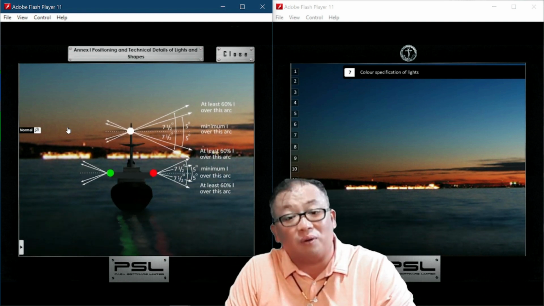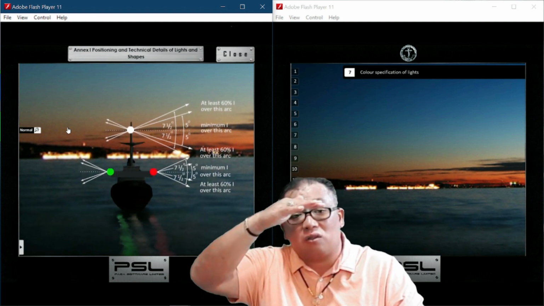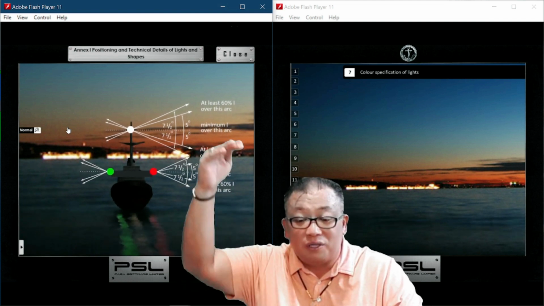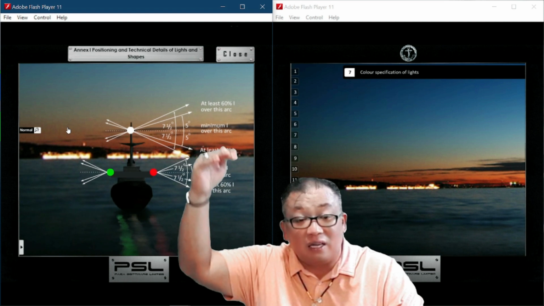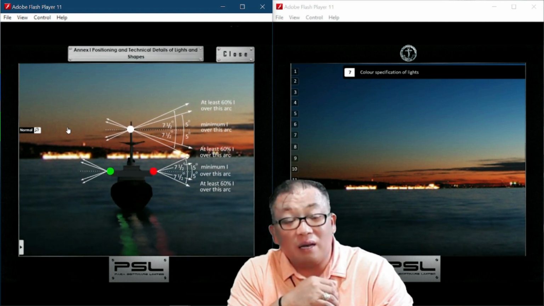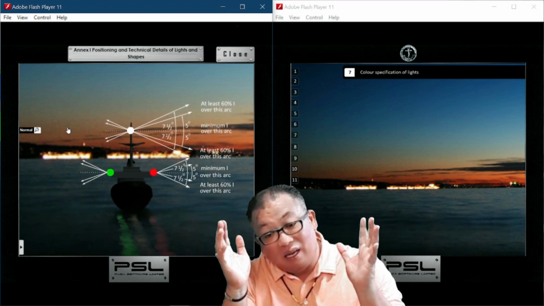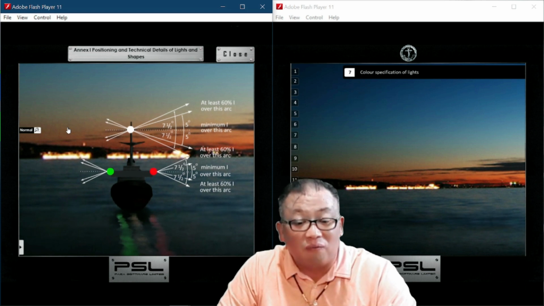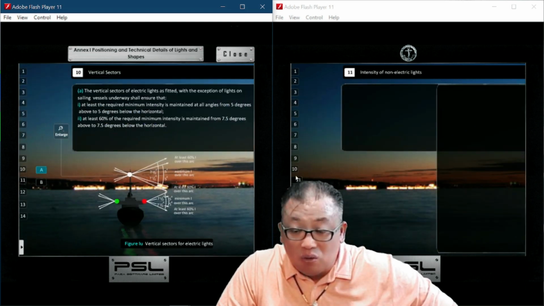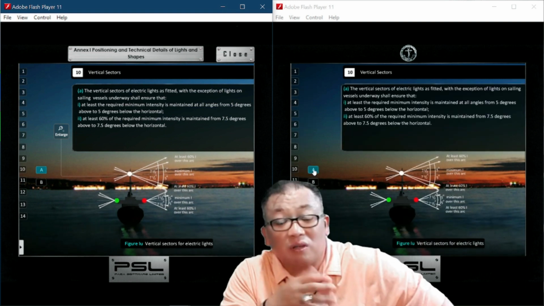So for example, we're talking about the horizontal thing. At least 60% over the arc, it's 7.5 degrees, meaning the intensity is there at 7.5 degrees. Okay, this is about the vertical sector.